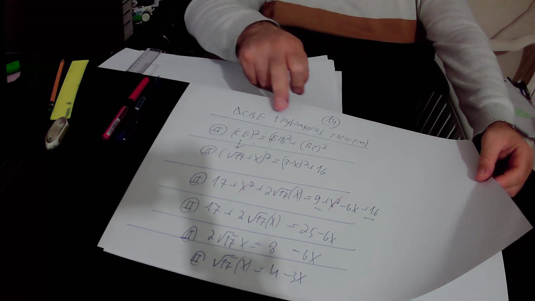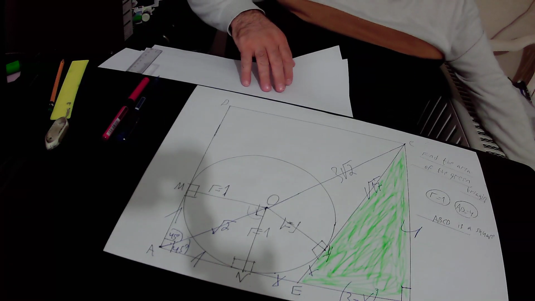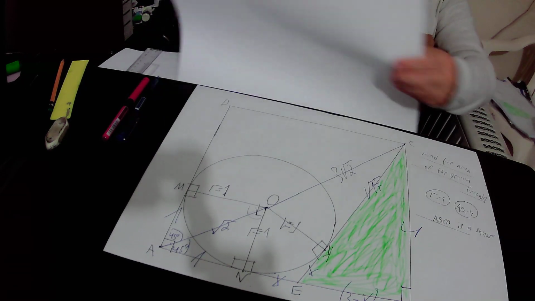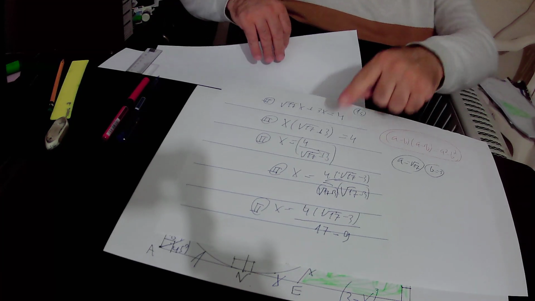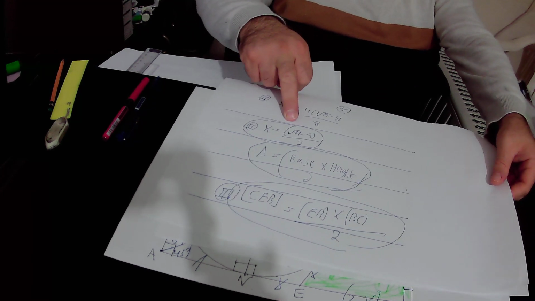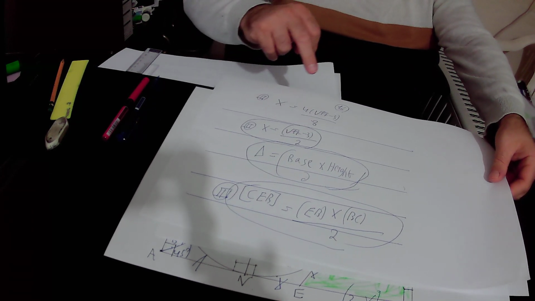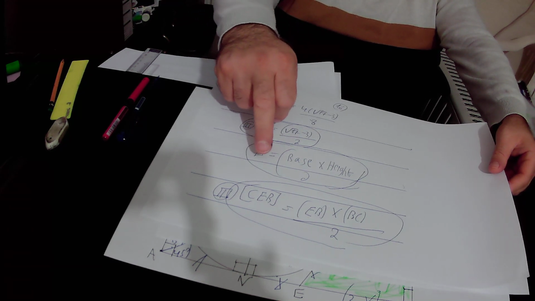After we solved this equation, we found out that X equals square root of 17 minus 3 over 2 units.